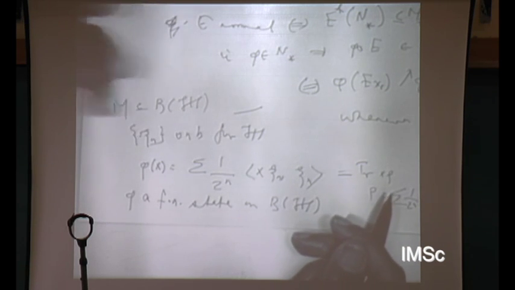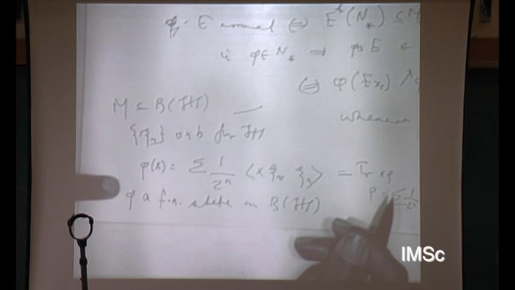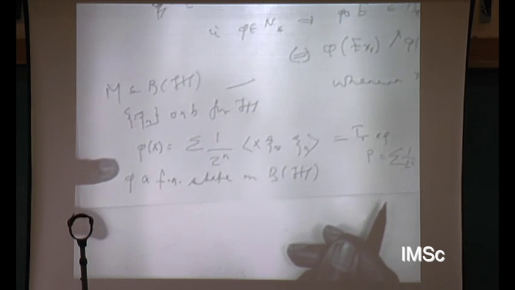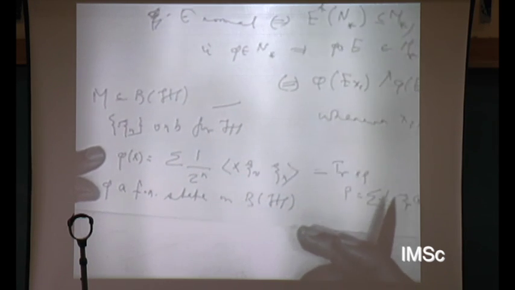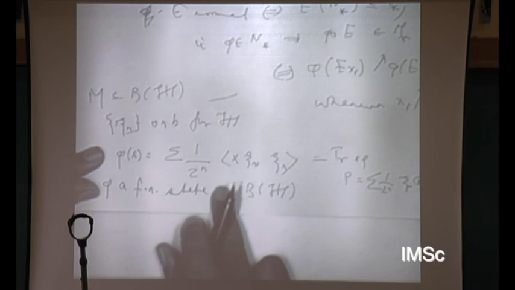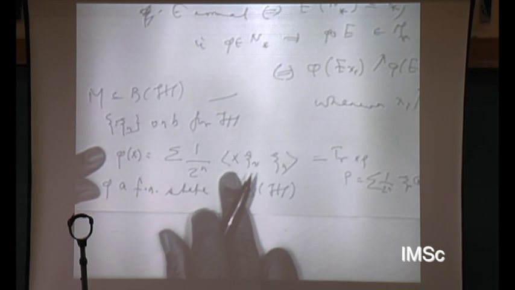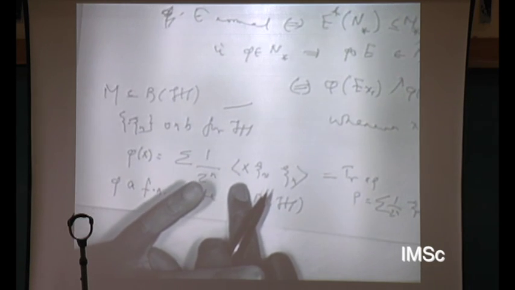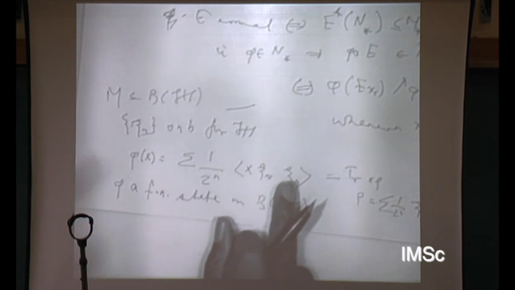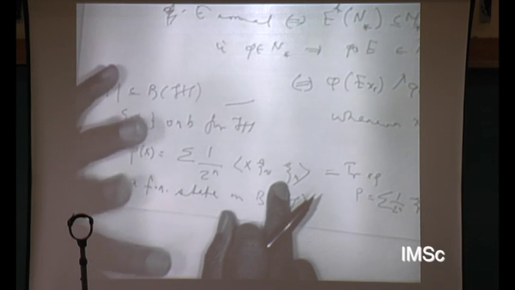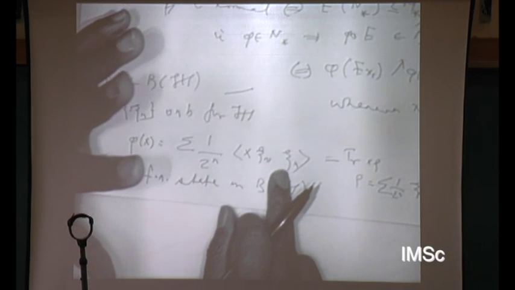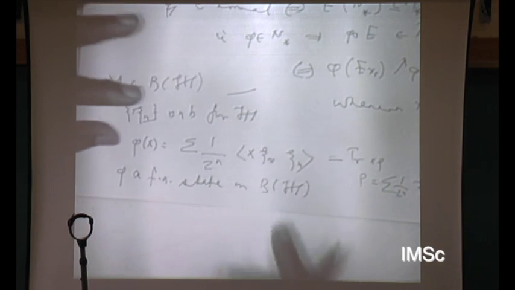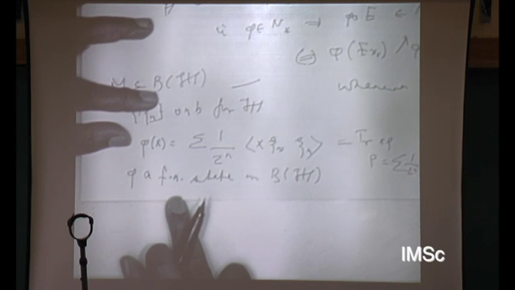Why is it faithful? Because if phi of x star x is 0, then what does it say? We put x star x, that will say that x psi n must be 0 for all n. And so if psi n gives an entire orthonormal basis, then x had better be 0. So it is indeed faithful.